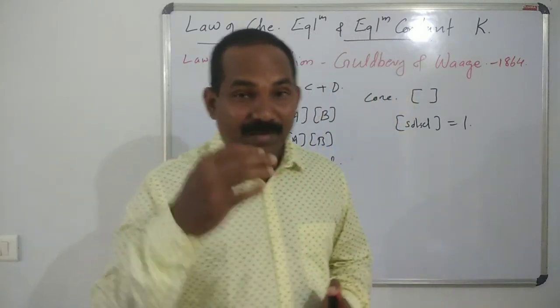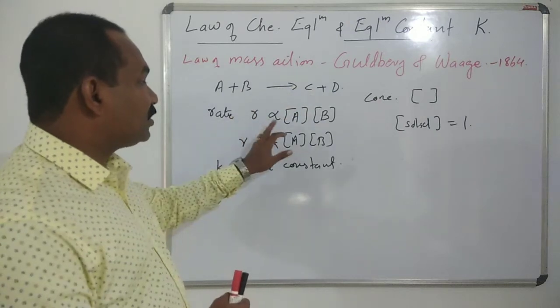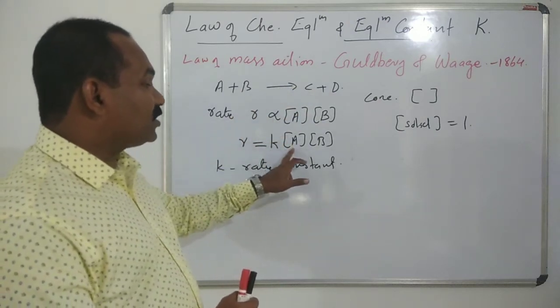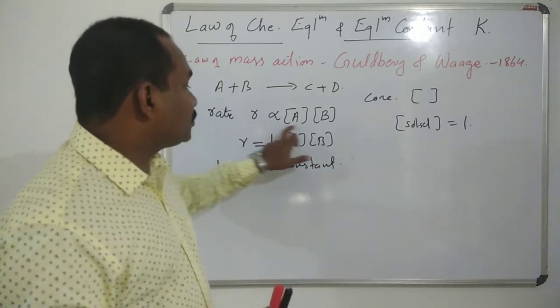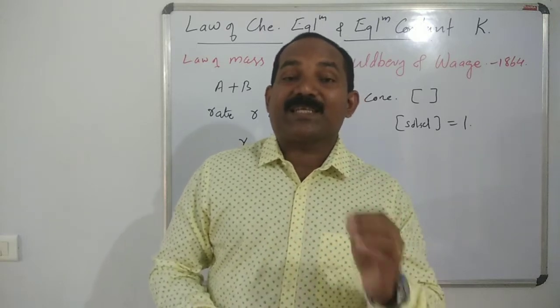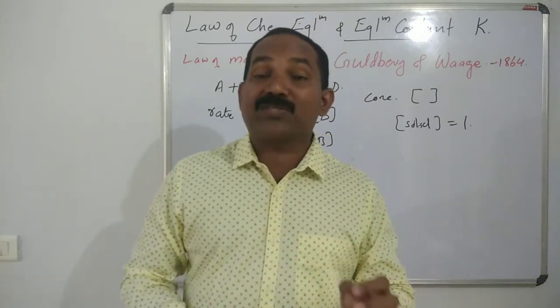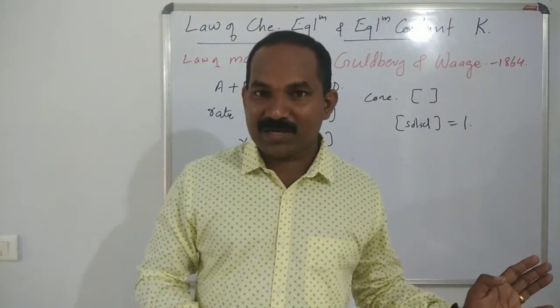A very simple concept: A plus B gives C plus D, rate is equal to K into the concentration of A into the concentration of B. According to the definition, the rate of a chemical reaction is directly proportional to the product of the molar concentrations of the reactants. Clear?